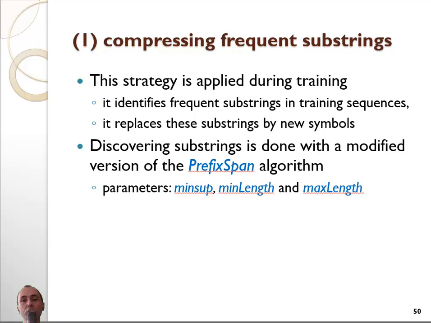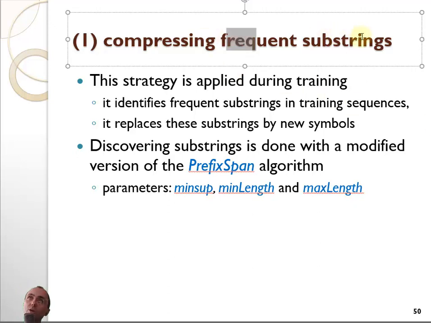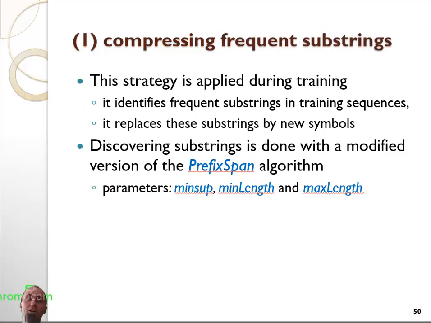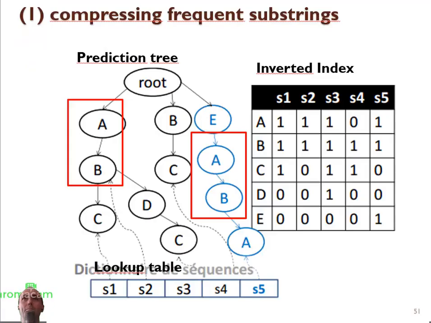The first optimization is called compressing the frequent substring. I will explain it with an example. Here I have the same model, trained like before to get the CPT model.